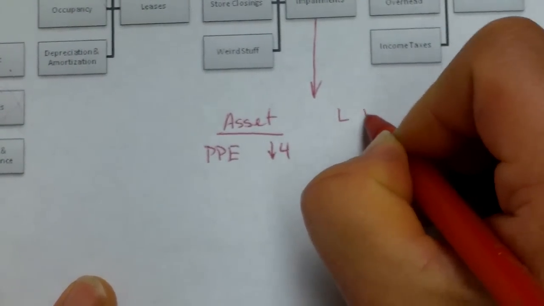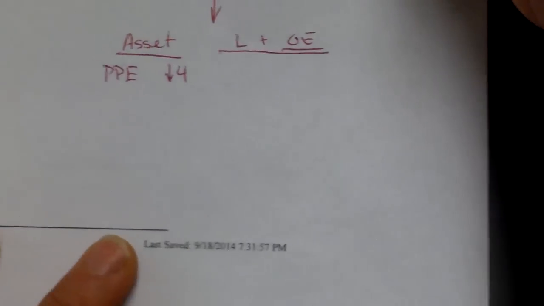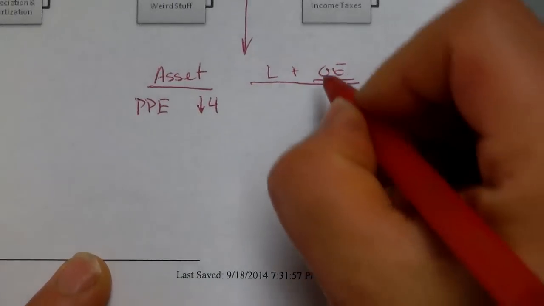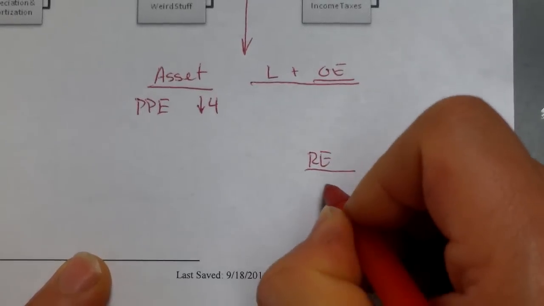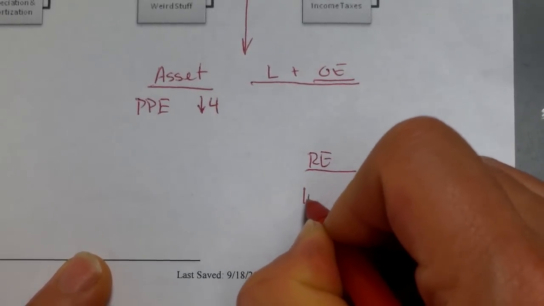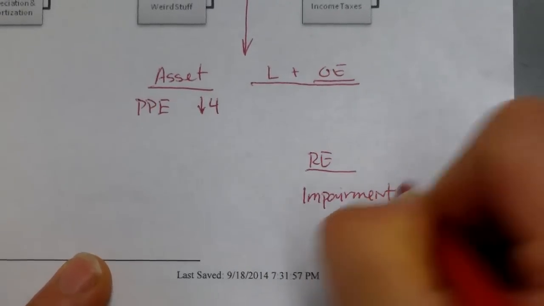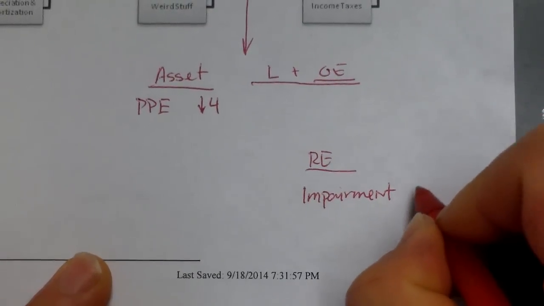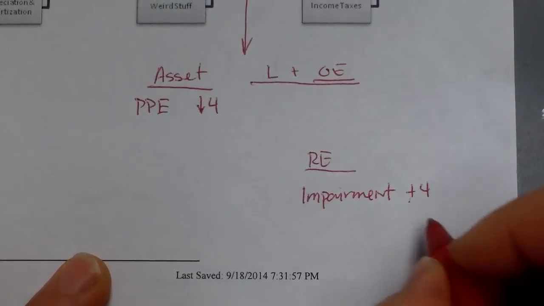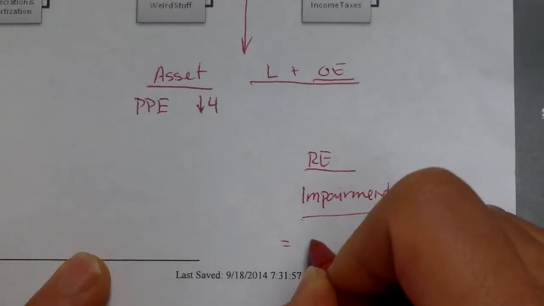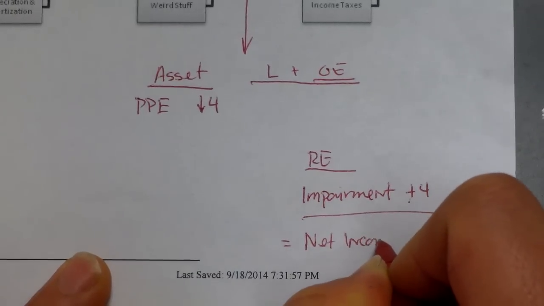And then on the liabilities plus owner's equity side, because we're talking about the income statement, our retained earnings account, an impairment is going to occur, right? And that's a cost. Impairment, we're going to charge that with 4, which equals a decrease in our net income, because it's an expense.